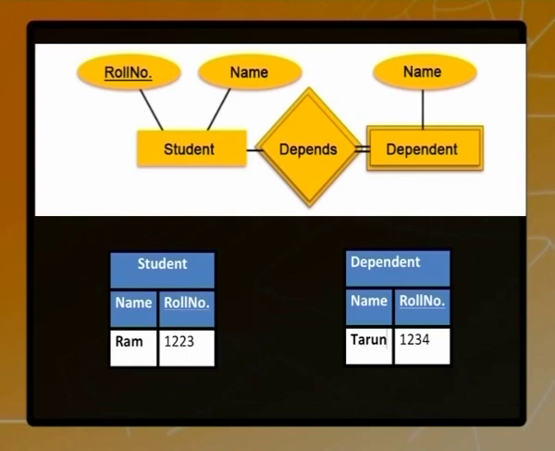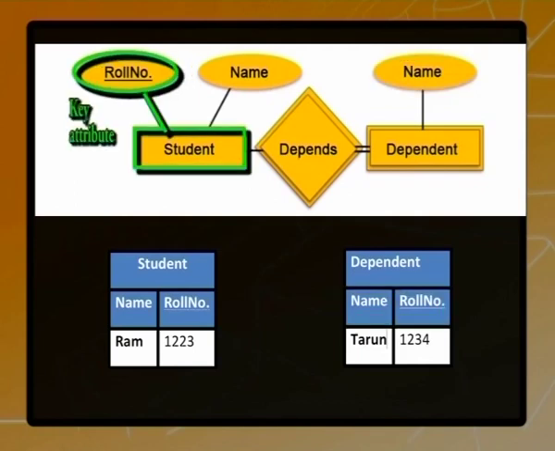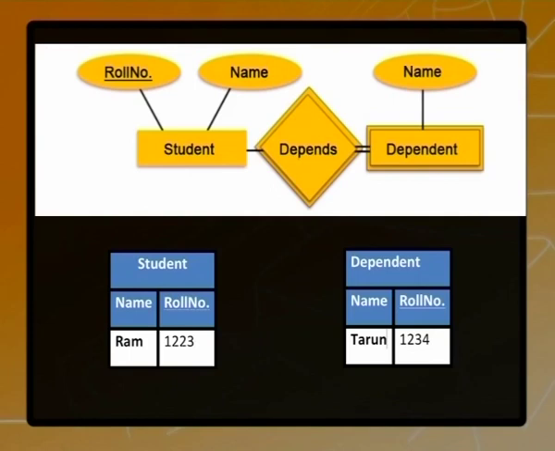So, during its mapping into relation, dependent entity will consist of attributes name and roll number, where roll number is the key attribute of student entity type and becomes the foreign key for the relation dependent. Also, the primary key of the relation dependent will consist of attributes name and roll number both.